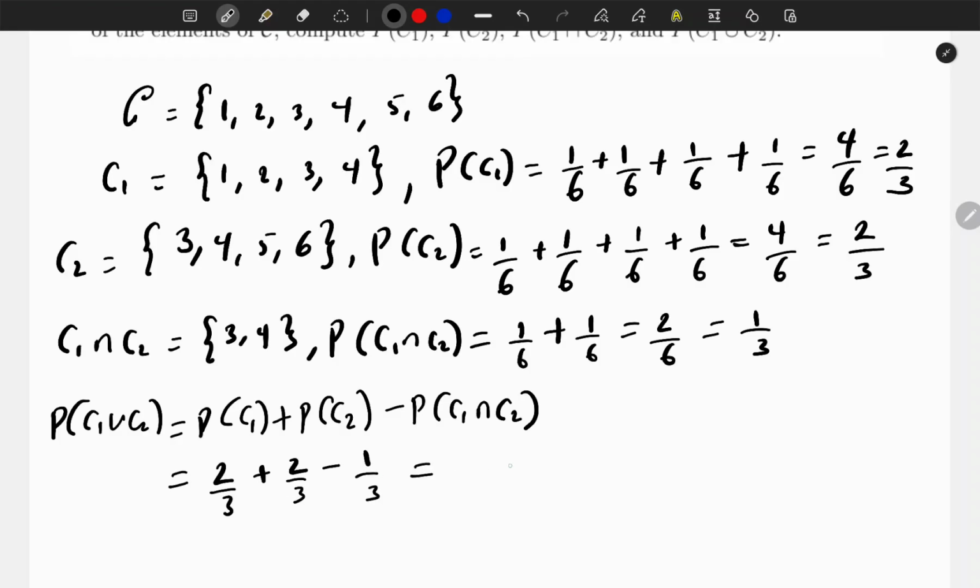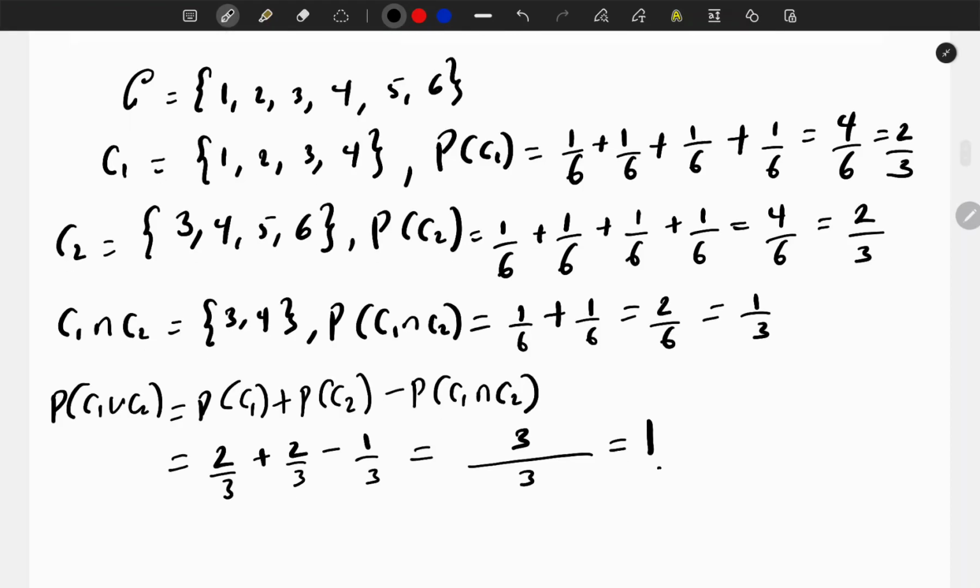That gives us 4 minus 1, 3 over 3, which is equal to 1. I believe that actually makes sense. So that's question number 1.